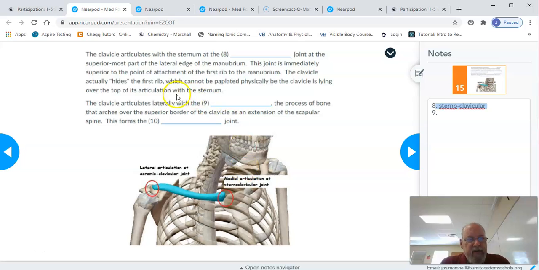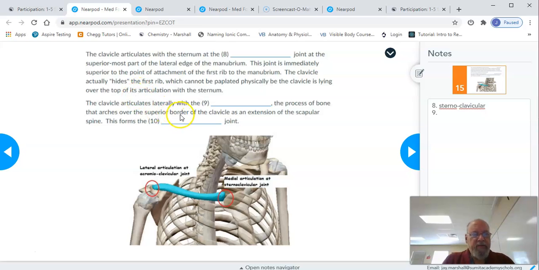The joint is immediately superior to the attachment of the first rib, which is right here. The clavicle sort of hides the first rib, and we can't palpate it directly, because the clavicle is lying over the top of its articulation with the sternum.